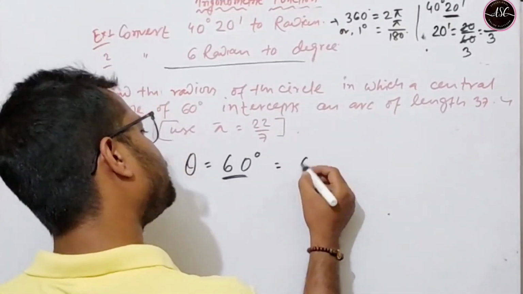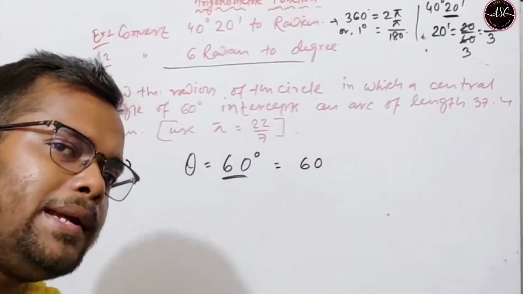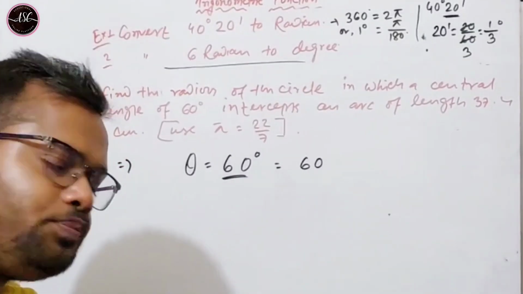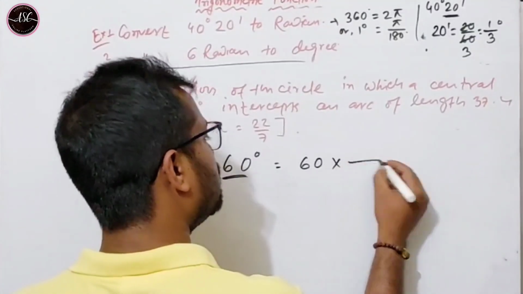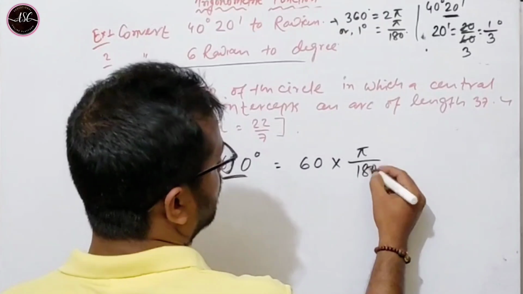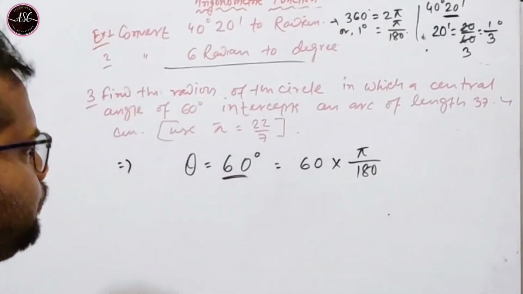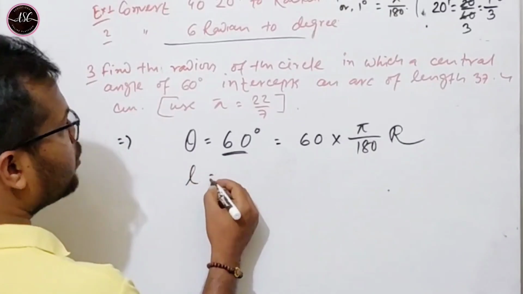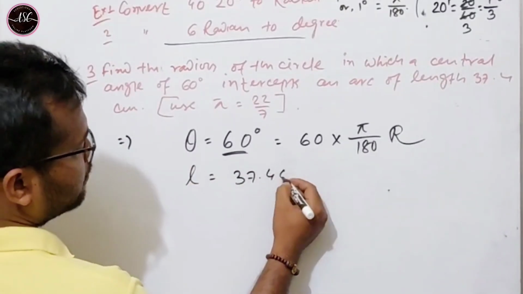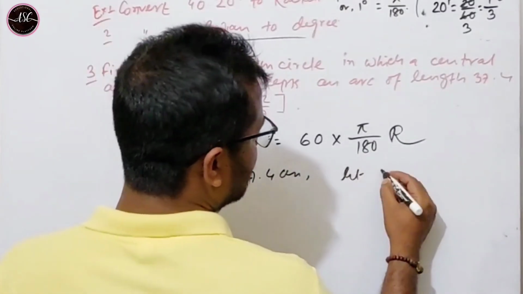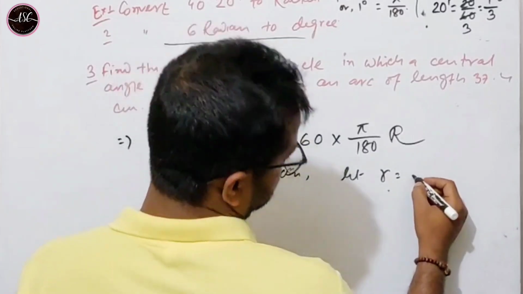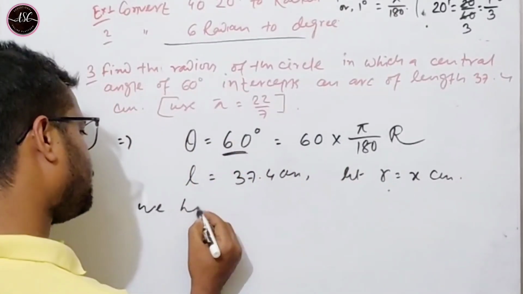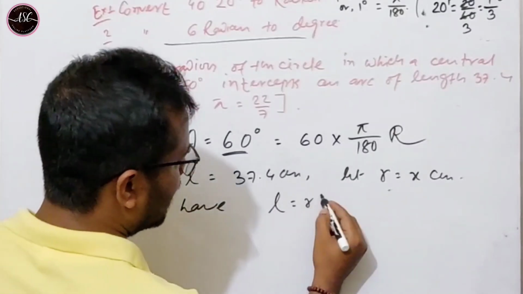1 degree equal to pi by 180 radian, so 60 degree equal to 60 pi by 180. This will be the radian. Here L equal to 37.4 cm. Let r equal to x cm. So we have L equal to r theta.